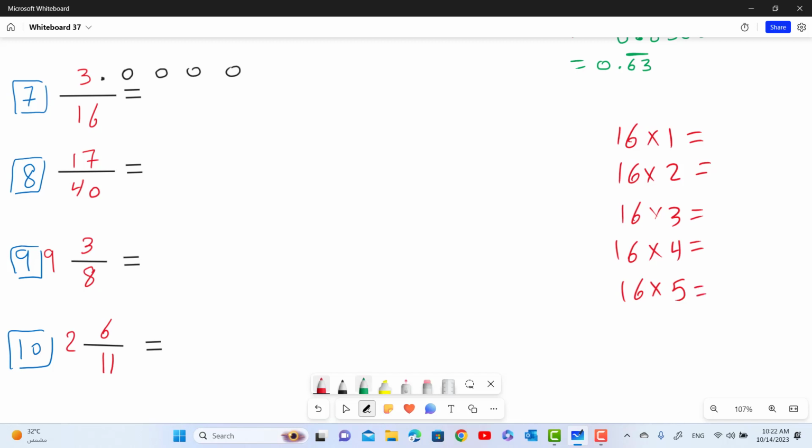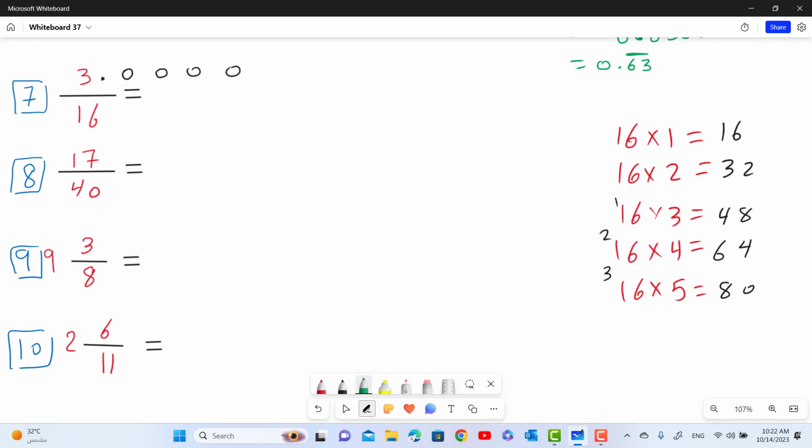If we need more, we put more. Here 16, 32, then 3 times 6 is 18, 8 and 1 up. 3 times 1, 3 and 1 is 4. 4 times 6 is 24, 4 down and 2 up. 4 times 1 is 4 and 2 is 6. 5 times 6 is 30. 5 times 1 is 5 and 3 is 8.